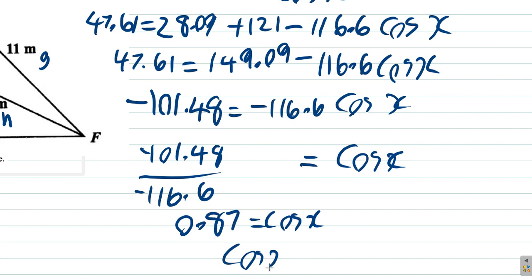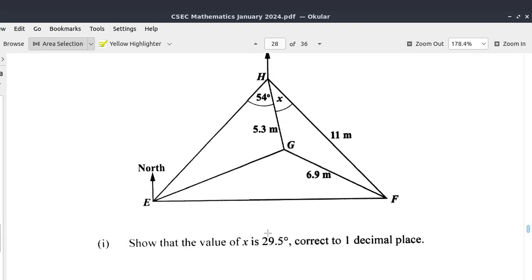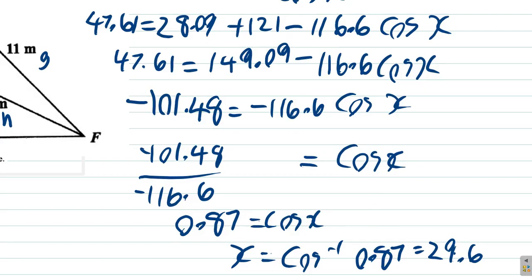So x is going to be cos inverse of 0.87, which is what? When you cos invert that, what do you get? I get 29.6. What did they say here? Well, 29.5. Yeah, it's 29.5. Yeah, I see it.